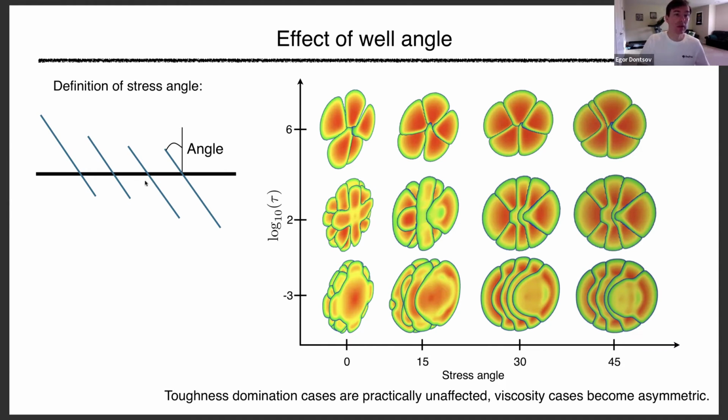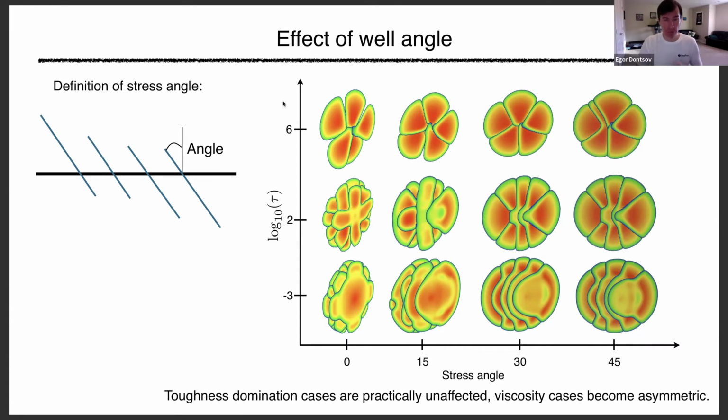And so it's quite common to have a certain angle between the fractures and the well, so that they don't grow orthogonally or perpendicularly to the well. Here I'm plotting your results again. On the top is toughness domination, in the middle is transition, and bottom is viscosity dominated results for different angles. So 0 means perpendicular to the well, and 45 means 45 degrees to the well.